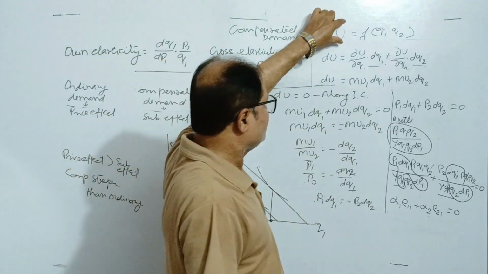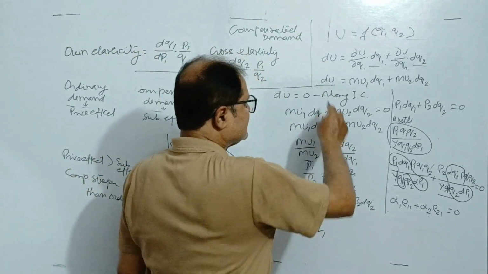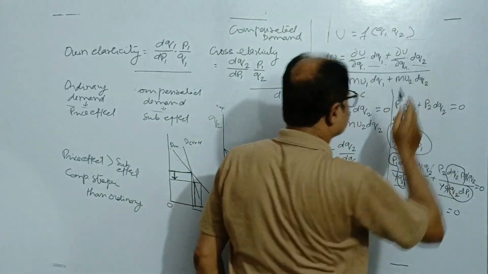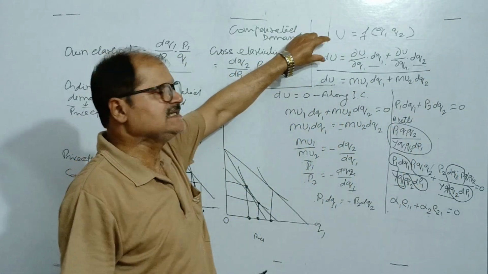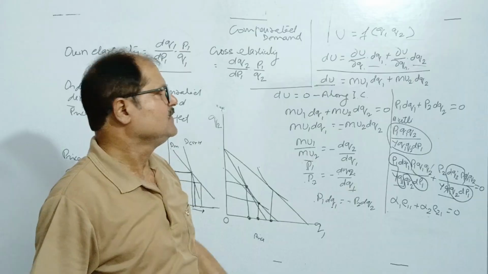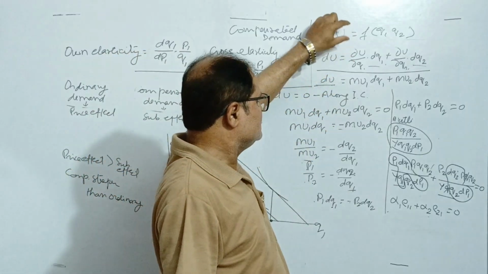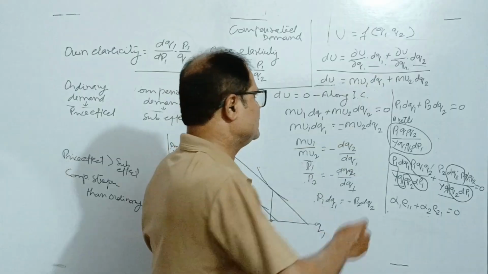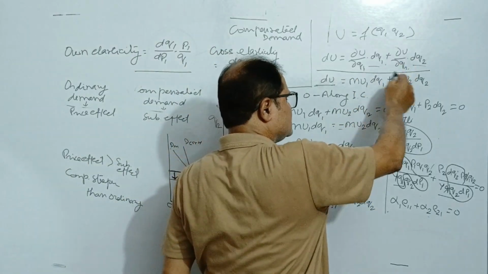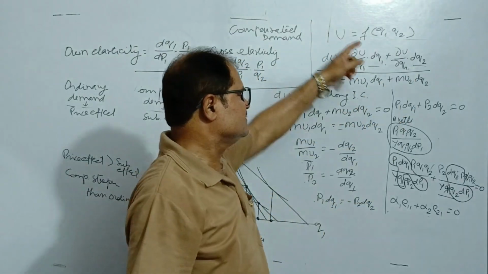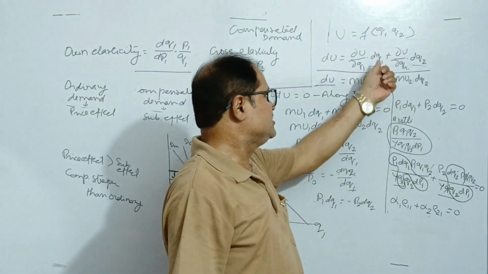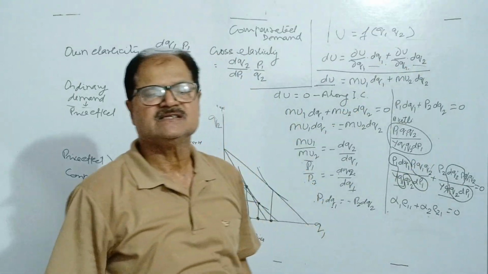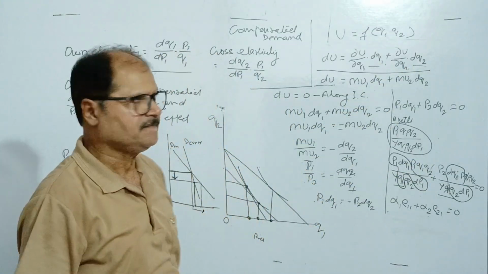Total differential of this utility function gives us this expression. du is total change in utility. This is partial differentiation of the function with respect to Q1, and this is partial differentiation of the function with respect to Q2. dq1, dq2 are changes in Q1 and Q2 respectively.